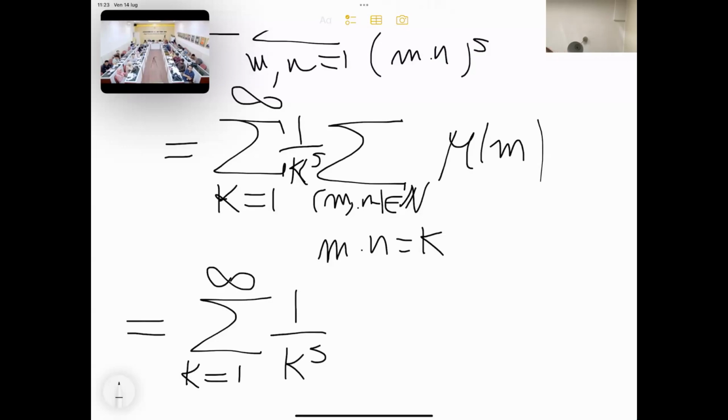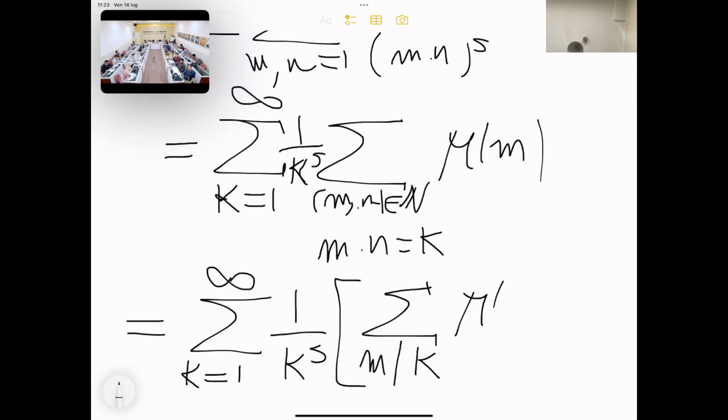And inside I can write the sum over all m dividing k of mu of m. If k is fixed and m is a divisor of k, then n is uniquely determined, right?